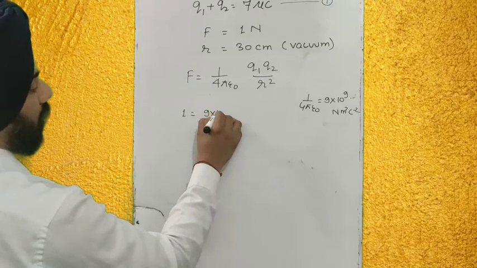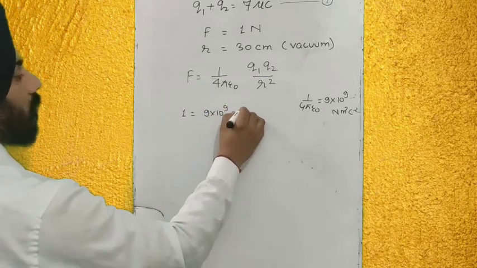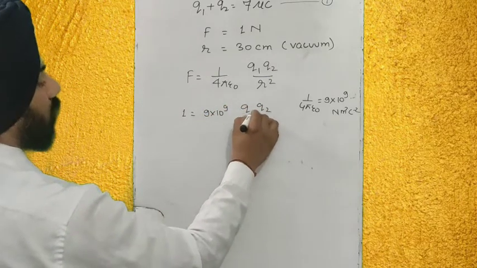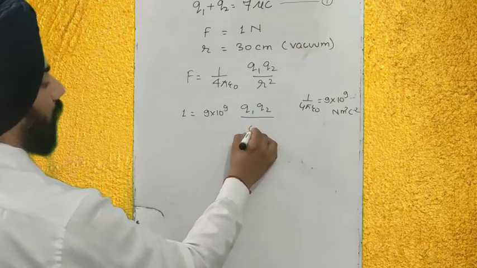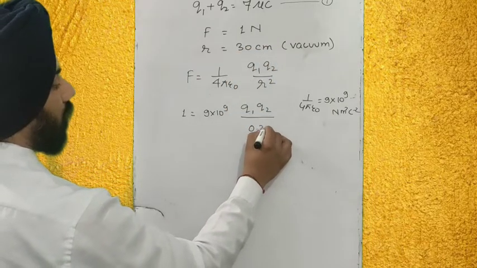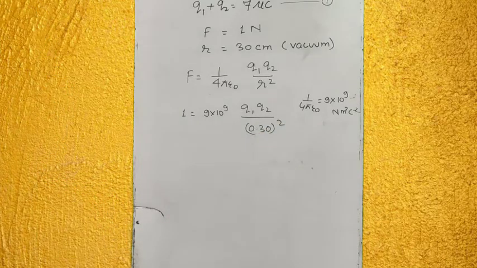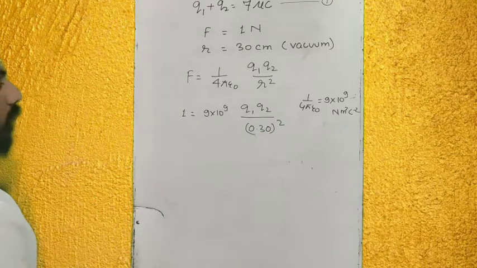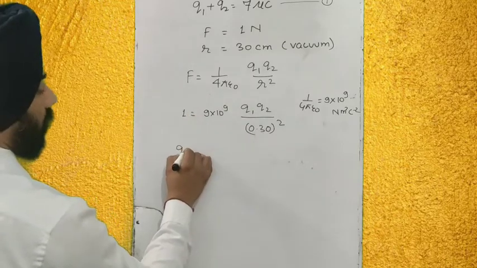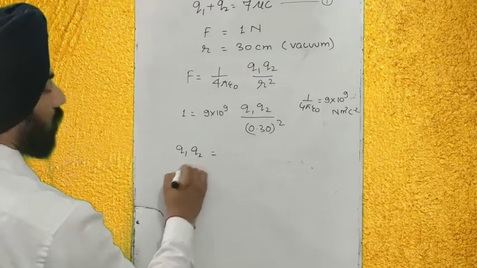So it is 9 into 10 to the power 9, Q1 into Q2, and the value of R we have to take in SI unit, 0.30, whole square.